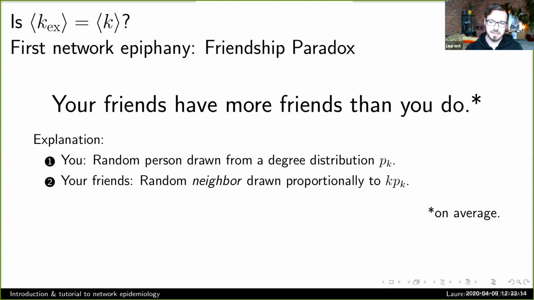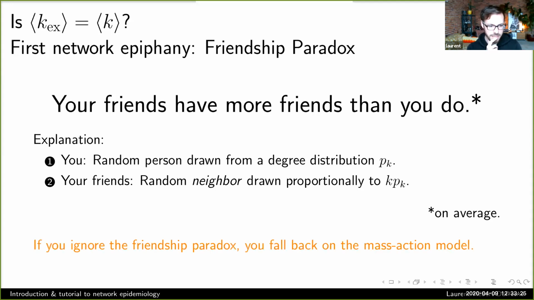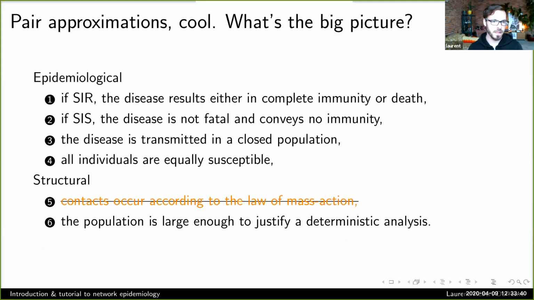So just this basic statistical idea tells you that the average excess degree doesn't come from the same distribution as the average degree, and therefore you don't really know their relationship. And if you ignore the fact that they're not the same and that there's an interesting relationship between them, you just fall back on the mass action model again, right? So that's one key feature of networks: there's a difference between picking a node at random and following an edge at random.